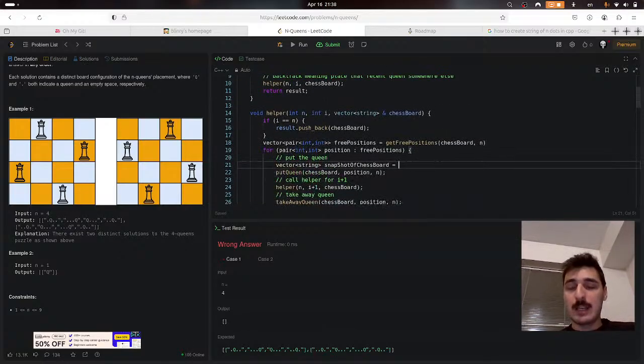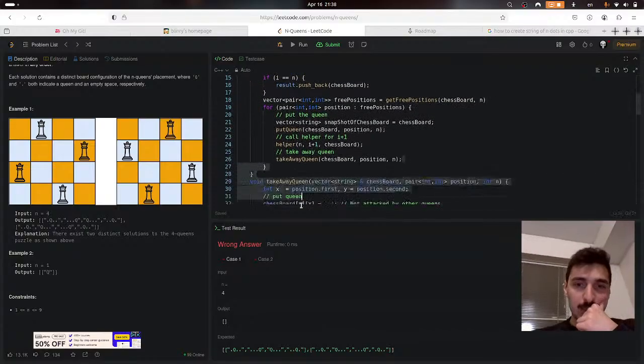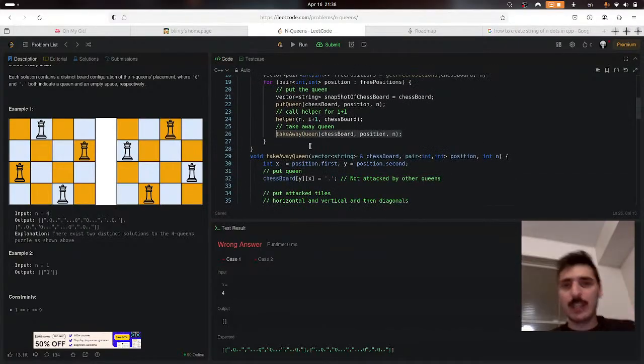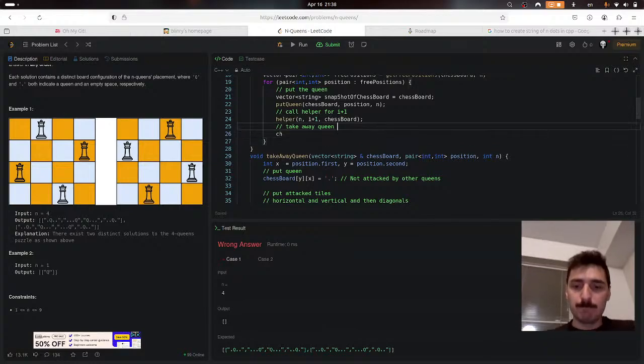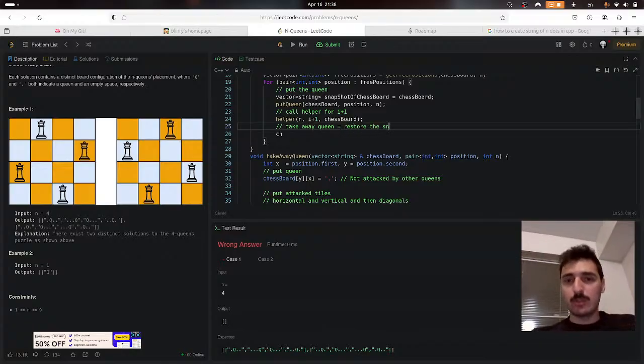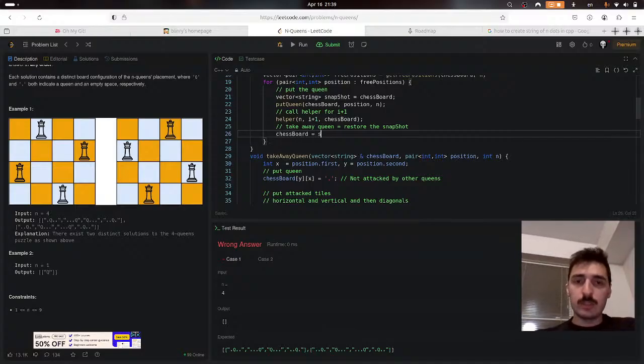Yes. And later, the taking away means just restoring, i.e., restore the snapshot. Chessboard equals snapshot.